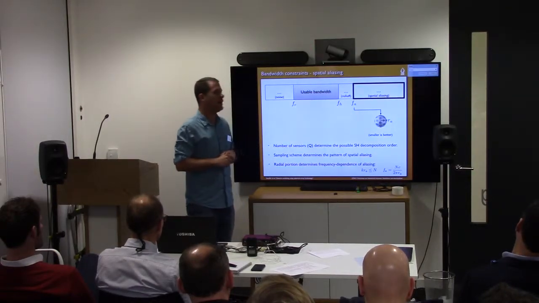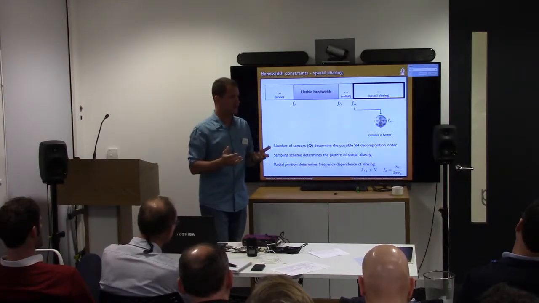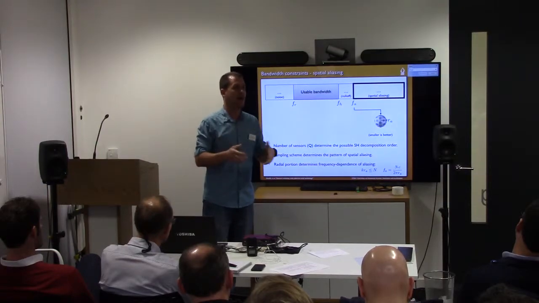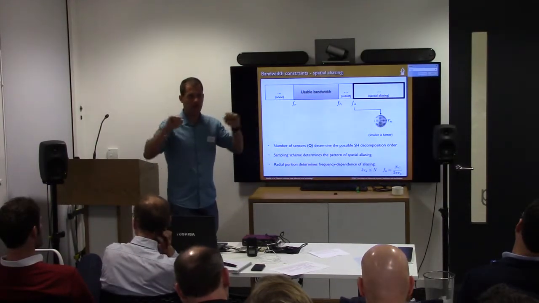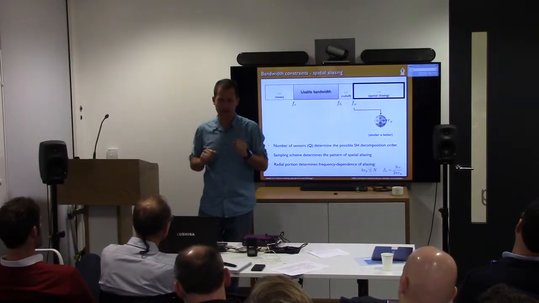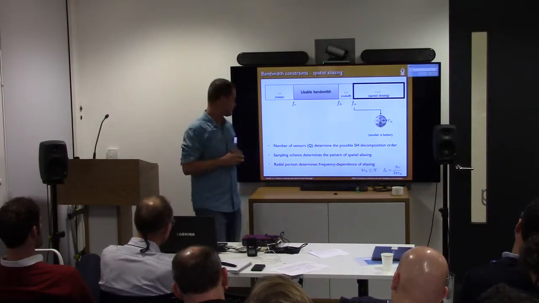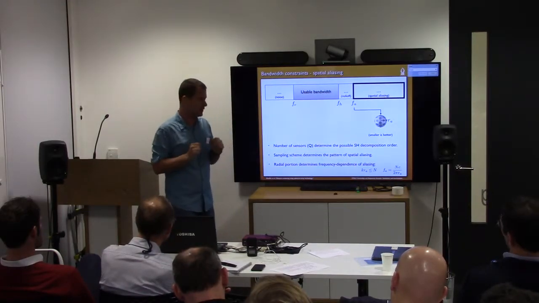So obviously, we're limited by that. What happens if we try to decompose our signals at a spherical harmonic order for which we don't have enough sensors? We get spatial aliasing. And spatial aliasing is just like temporal aliasing. It's artificial waves coming at us from many different directions, and that is strictly dependent on the spatial sampling scheme that we use.